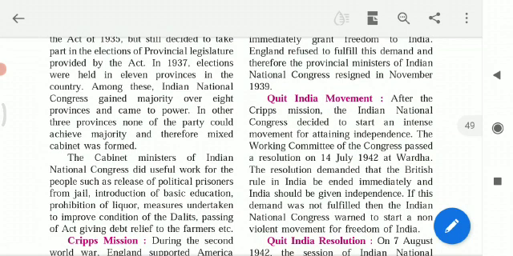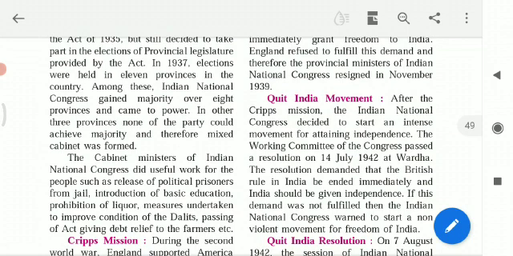So, children, the Indian National Congress decided to start an intense movement for attaining independence. On 14th July 1942, the Congress Working Committee passed the Quit India resolution at Wardha.